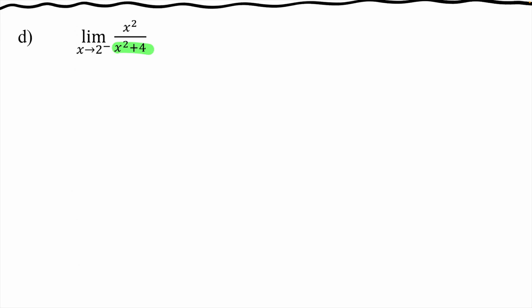We don't want to deal with imaginary numbers. We only deal with what's real. Is there a real number that you can plug in? No, right? There is no number. So we plug in 2, and what do you get?